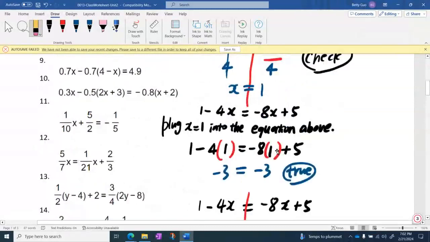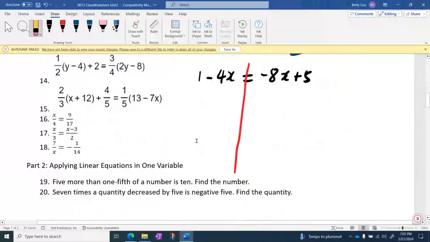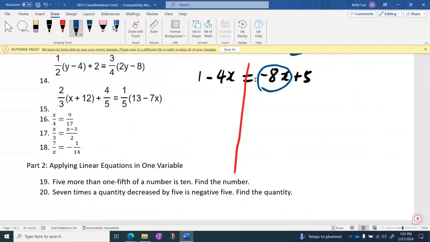Either way, you have to be clear. Your goal is to isolate the variable on the left side. If you want to isolate the x on the left side, you want to make negative 8x disappear from the right. In order to make the negative 8x disappear, what you can do is add its opposite.